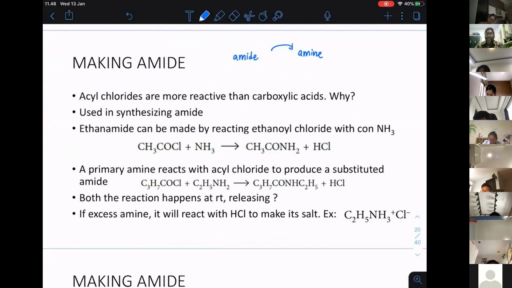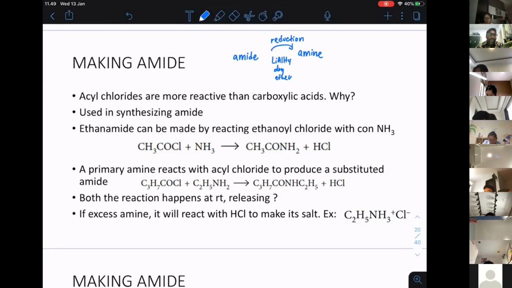This is preparation of amine. This is going to be done through a reduction process. You can use LiAlH4 in dry ether, so you can change this amide to become amine. This one we have learned. But now, how do we prepare amide?